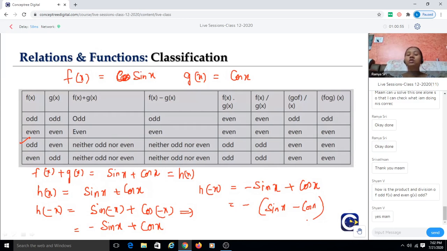So this is also not our function h of x, which means when we add two functions, that is one even and one odd, the sum and difference will always result in a function which is neither even nor odd, right?